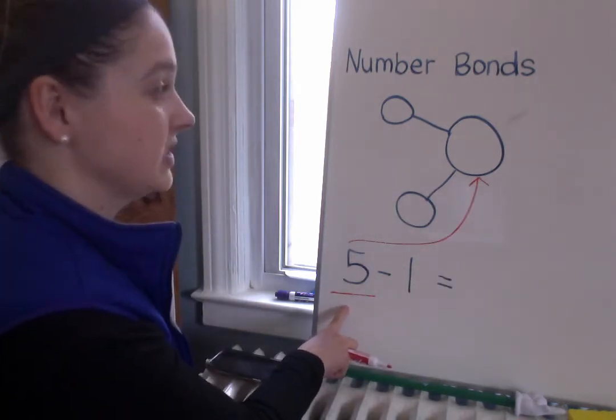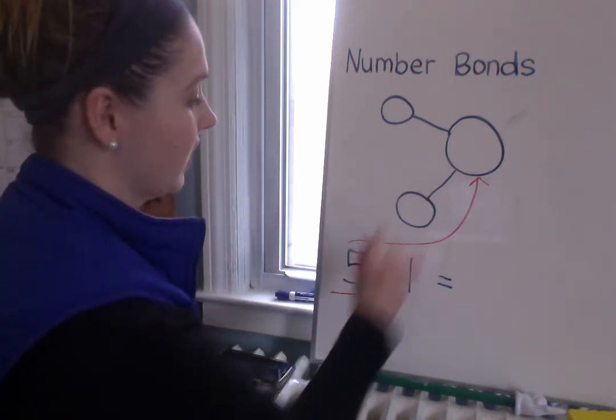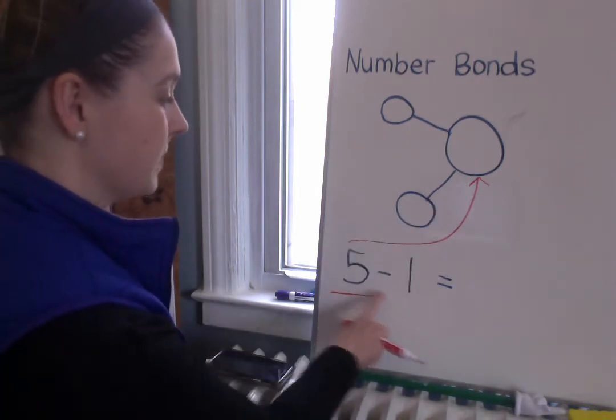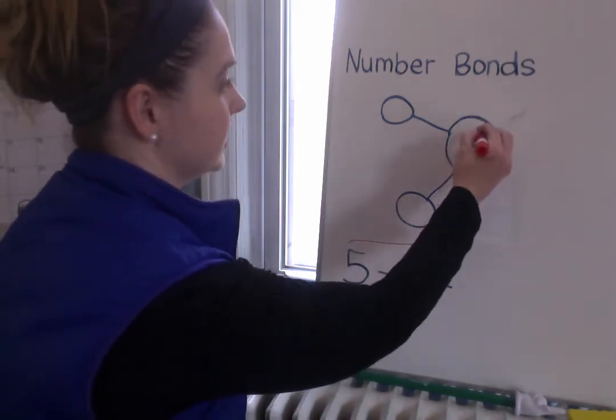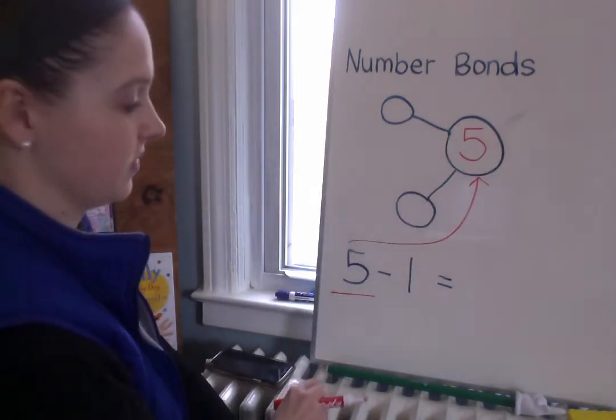Because subtraction is the opposite of adding, we're going to put it in the other spot. So if I were to fill in this number bond for 5 minus 1, my 5 is going to go inside the big circle here, because that's what I have all together.